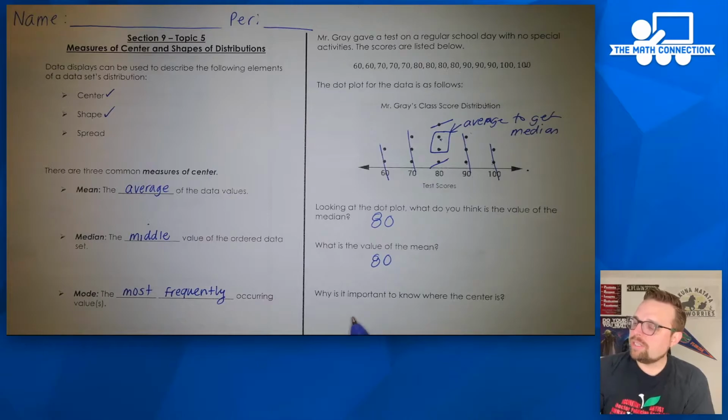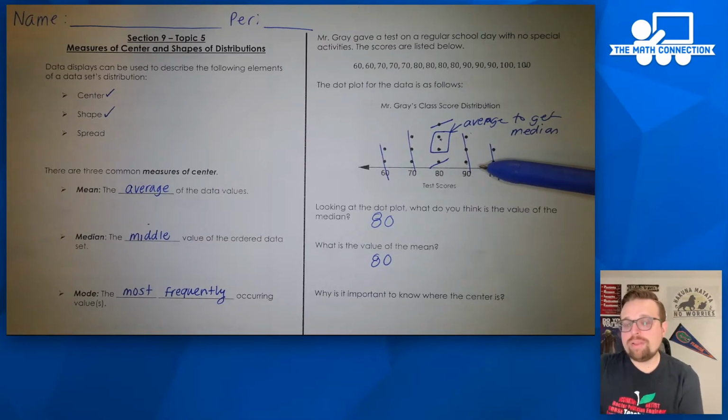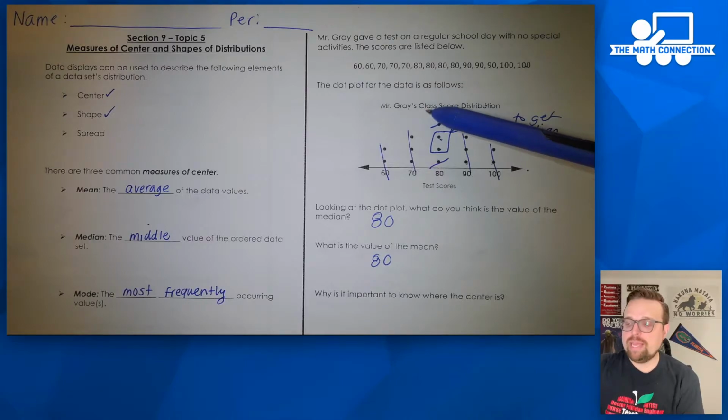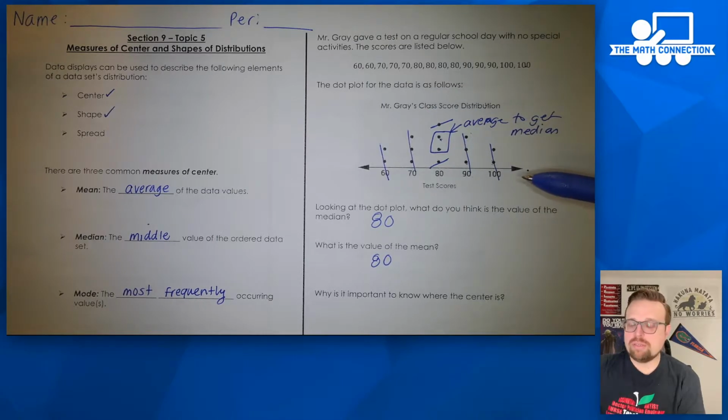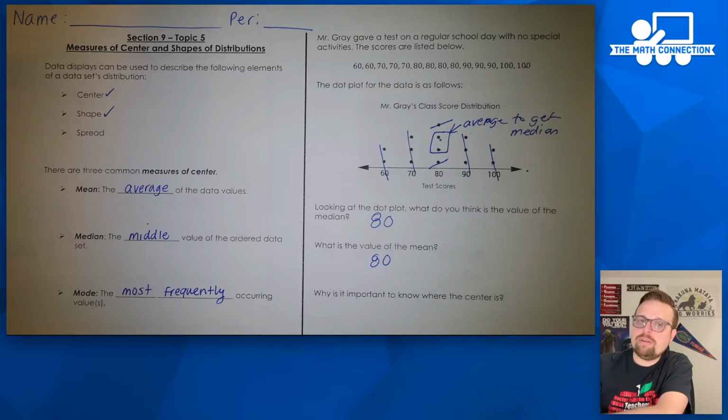Okay, next question is, why is it important to know where the center of the data is? For a situation like this, knowing where the center is would help Mr. Gray if he were to make some chart with his scores. He would be able to easily identify how most of the students did on the test. So that's something you can put here.